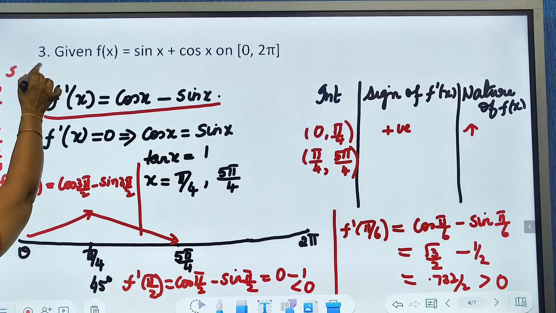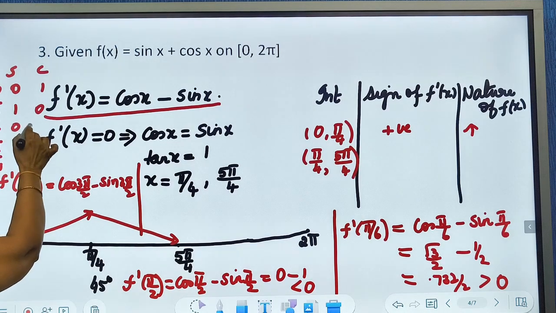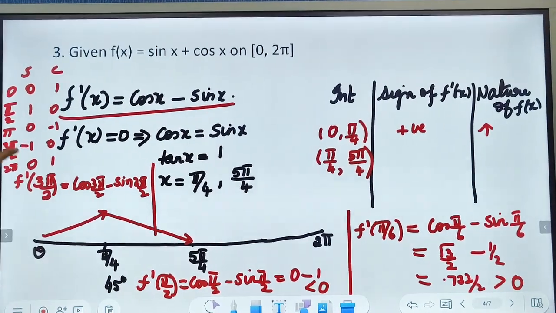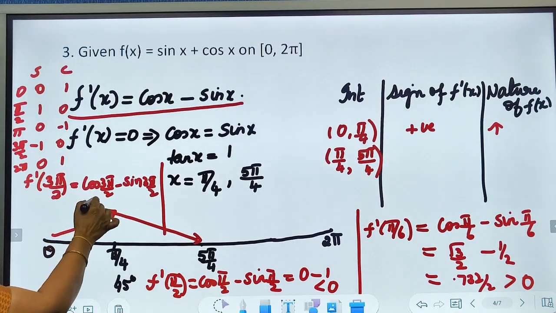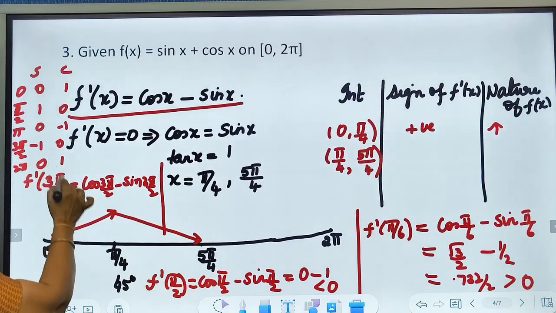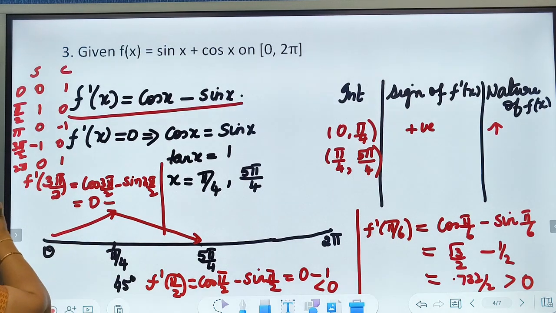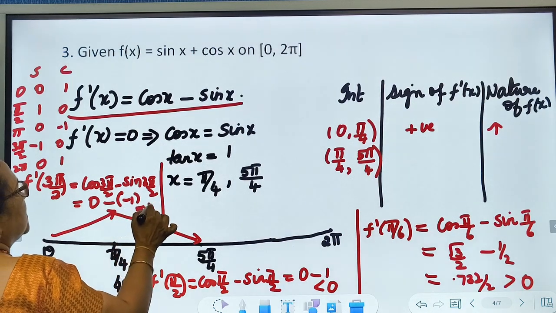For 0, pi by 2, pi, 3 pi by 2, 2 pi, sine goes 0, 1, 0, minus 1, 0 and cos goes 1, 0, minus 1, 0, 1. So cos 3 pi by 2 is 0, minus sin 3 pi by 2, which is minus 1. So minus of minus 1 is plus 1.